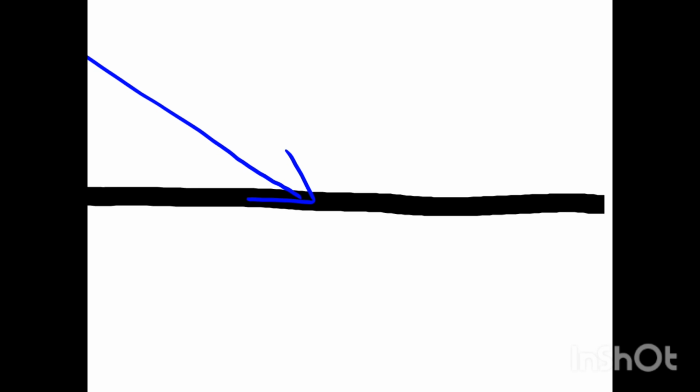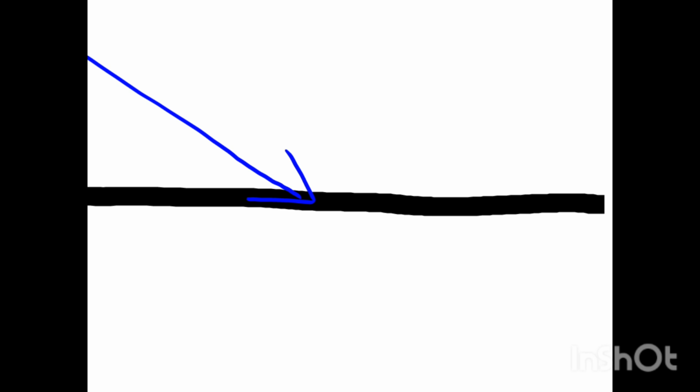Okay, so this is the barrier which is dividing the mediums: the side which is more dense, and the part which is less dense. And then the arrow in blue is the ray of light.